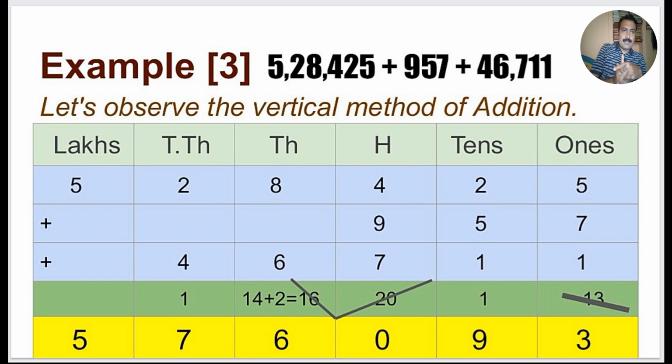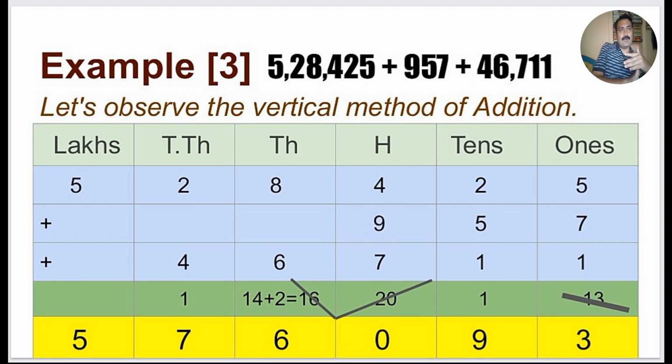Now in this third example, we continued the addition of two or more than two numbers by making columns. In this fifth standard, this is the explanatory part, so that's why I am taking columns here.